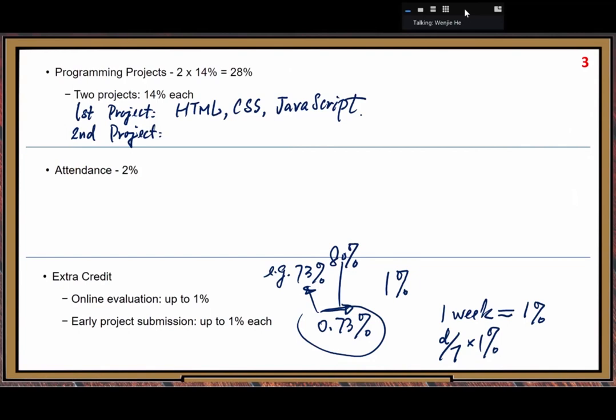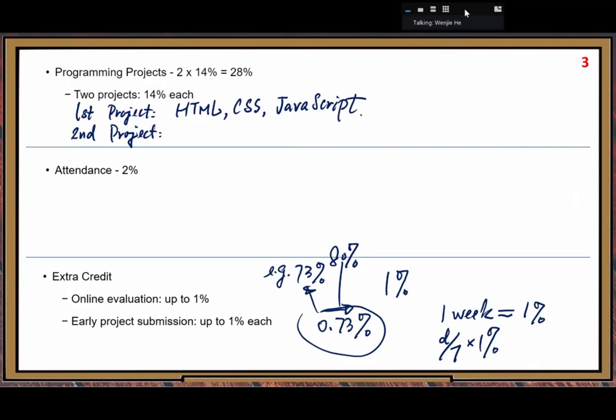Three days earlier, 3/7 of 1%. Like that. So if you want to earn extra credit, try your best.